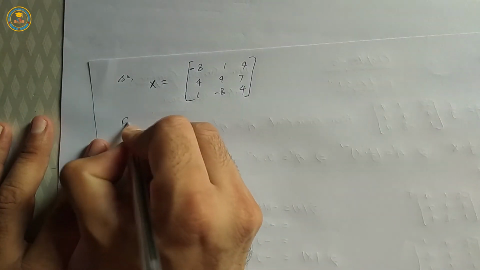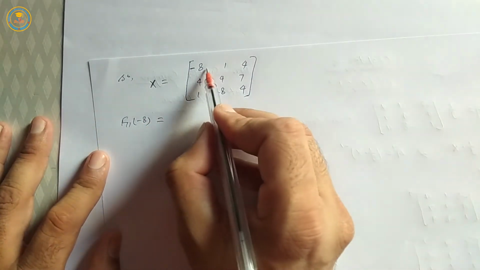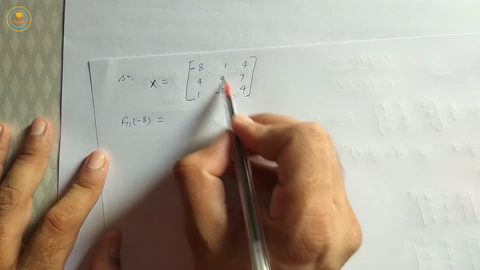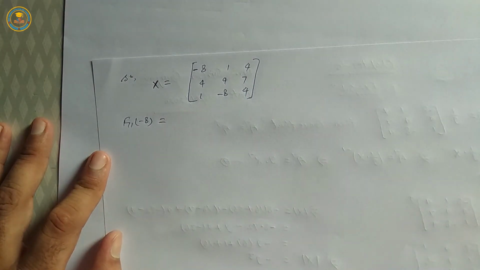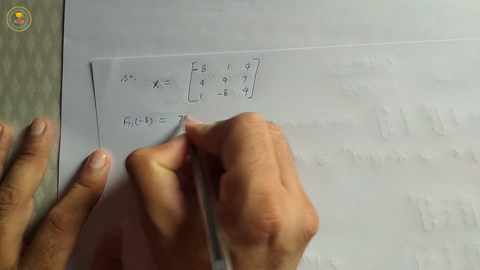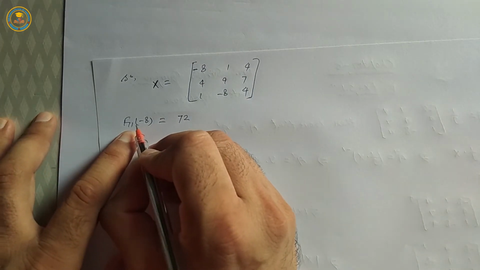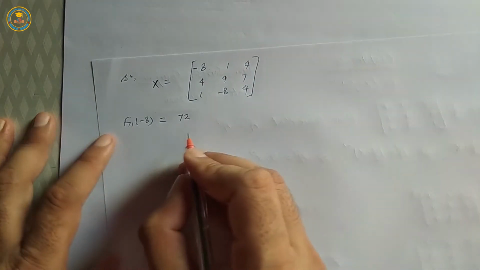Cofactor F11 over minus 8 is equal to, leaving the corresponding row and column, 4 into 4, 16, minus minus plus, which means 72. 1 plus 1, 2, even number, it means positive.